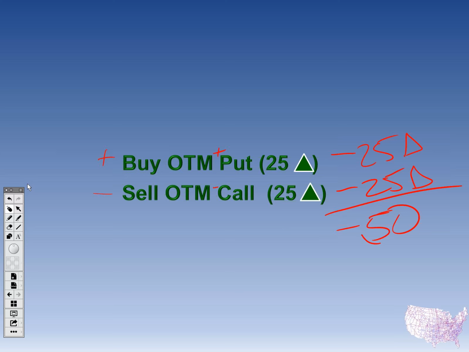So ultimately, this is a play on a portfolio. But what you can also do is trade this as if it is an underlying, but instead of doing 100 contracts, right? Because if you shorted 100 of the underlying, that's negative 100 deltas.